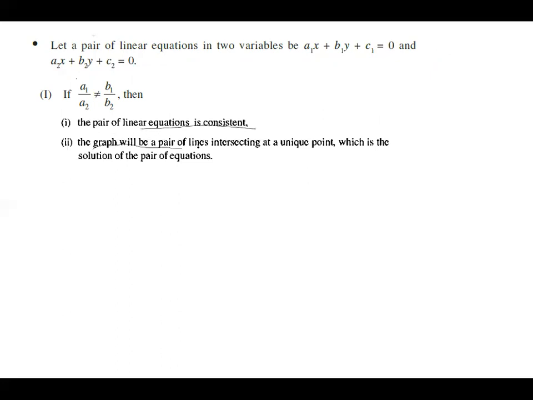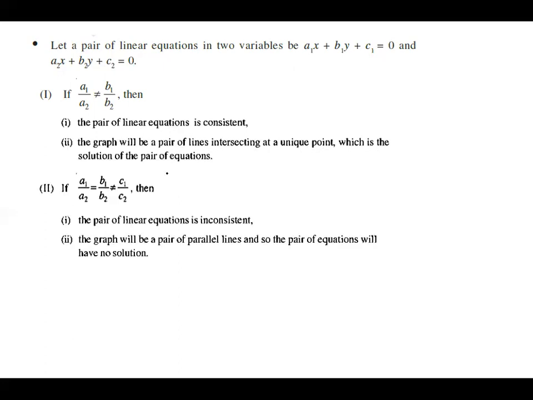The graph will be a pair of lines intersecting at a unique point which is the solution of the pair of equations. If a1 by a2 is equal to b1 by b2 is not equal to c1 by c2, then the pair of linear equations is inconsistent. The graph will be a pair of parallel lines and the pair of equations will have no solution.